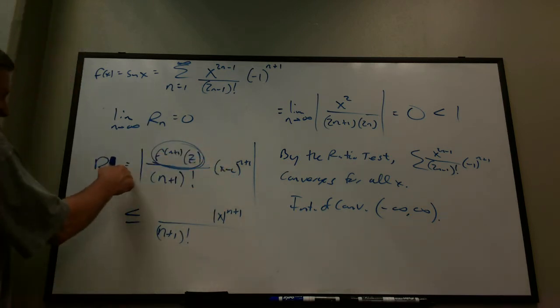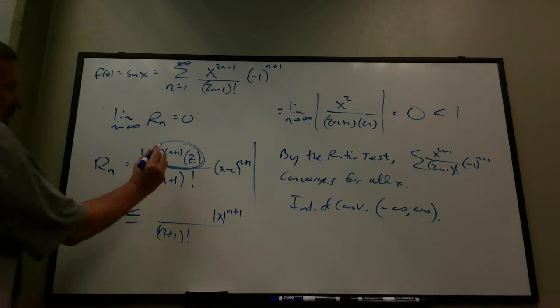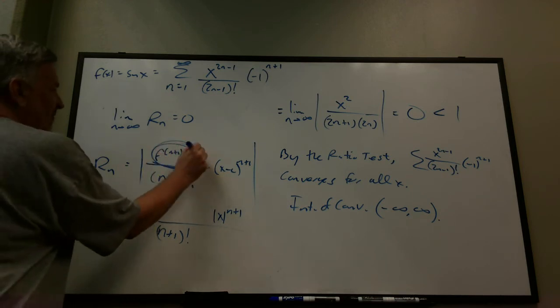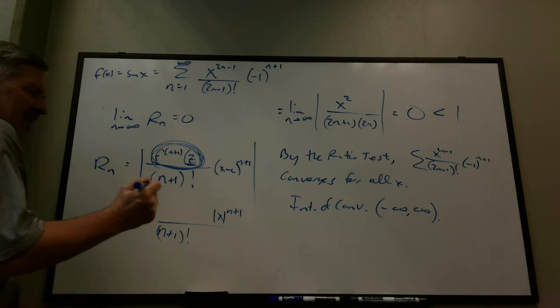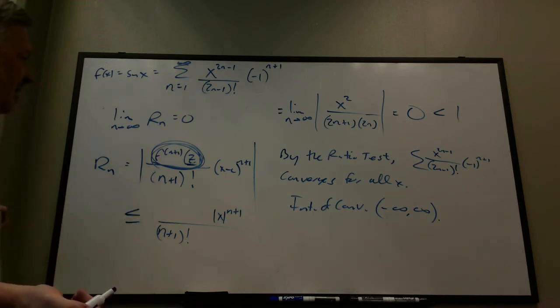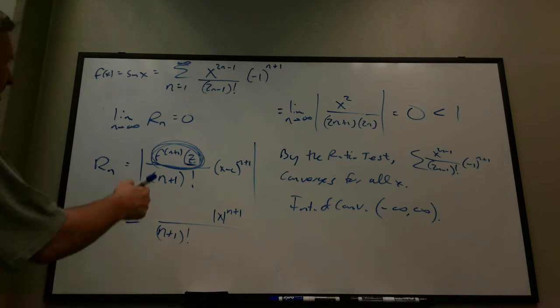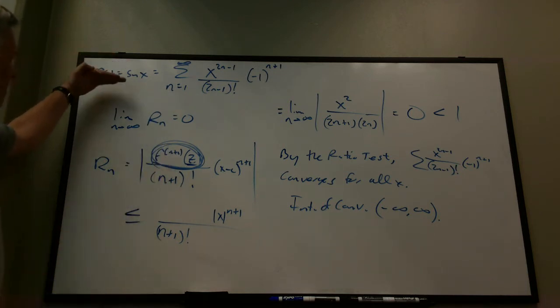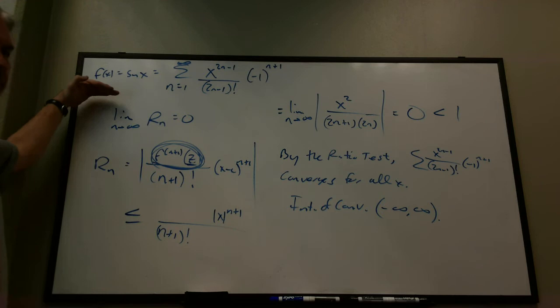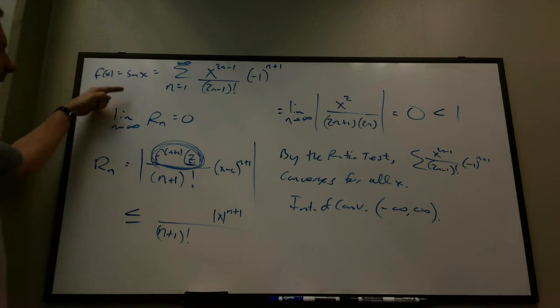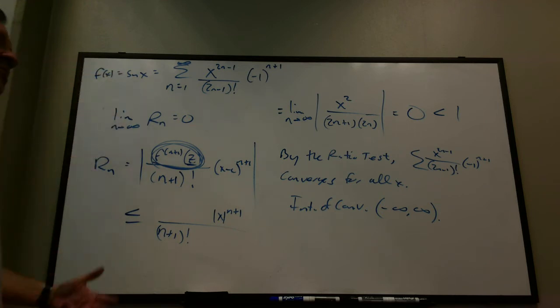Now notice I changed it from equals to less than or equal to. What's the biggest this is ever going to be, for any z between x and c, where here c is 0, so between 0 and x? Now remember, I had the derivatives here. The derivative of sine was cosine, the derivative of cosine was negative sine, etc. Every single one of those was either sine, cosine, negative sine, or negative cosine.